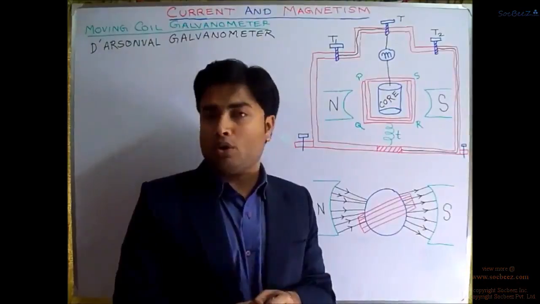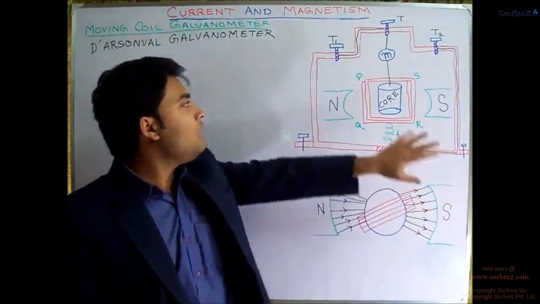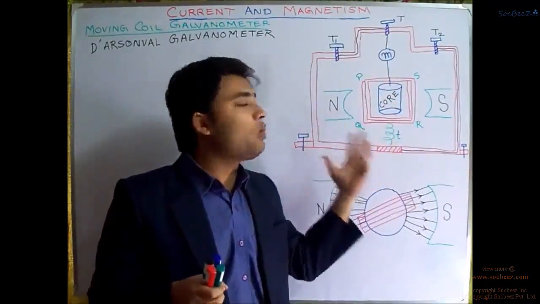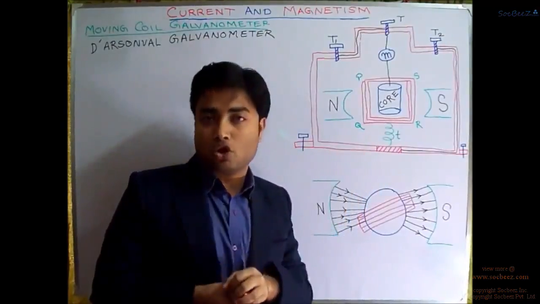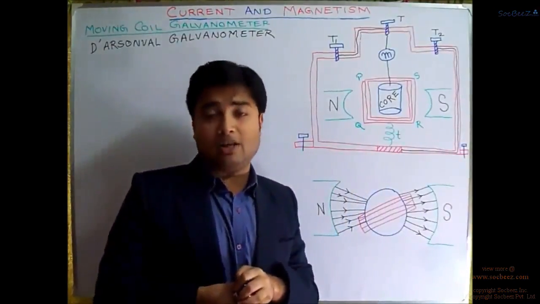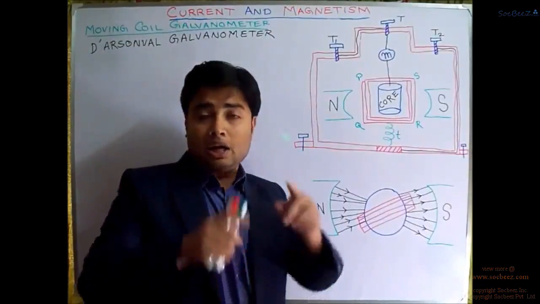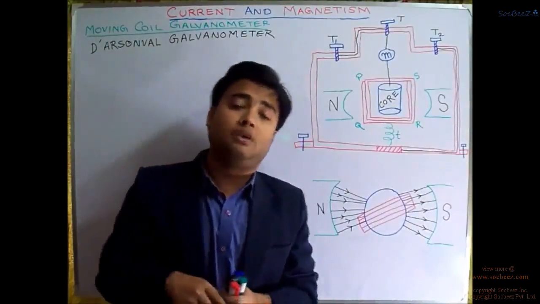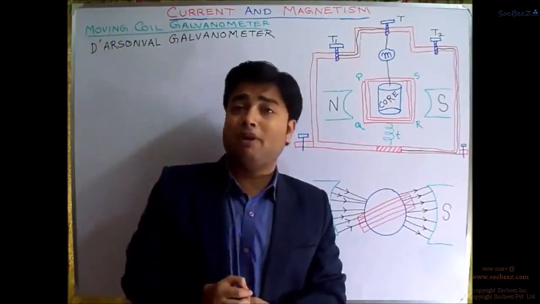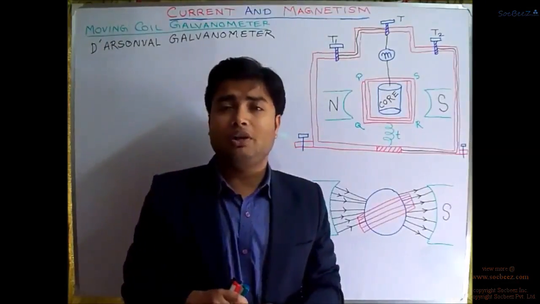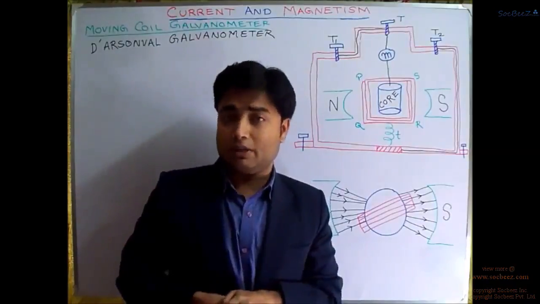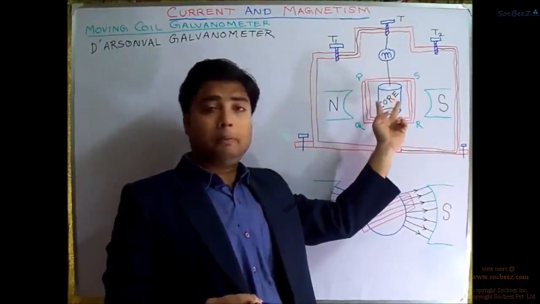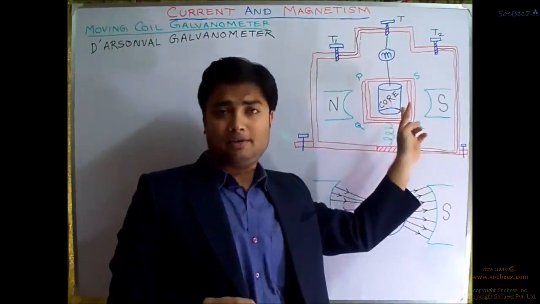Before we go into the deep concepts, first of all we need to know the construction and on what principle the galvanometer basically works. Now, as we have seen earlier, there was a rectangular frame, and on the rectangular frame there were several coils, N number of coils, and the magnetic flux density was making this coil rotate, right?